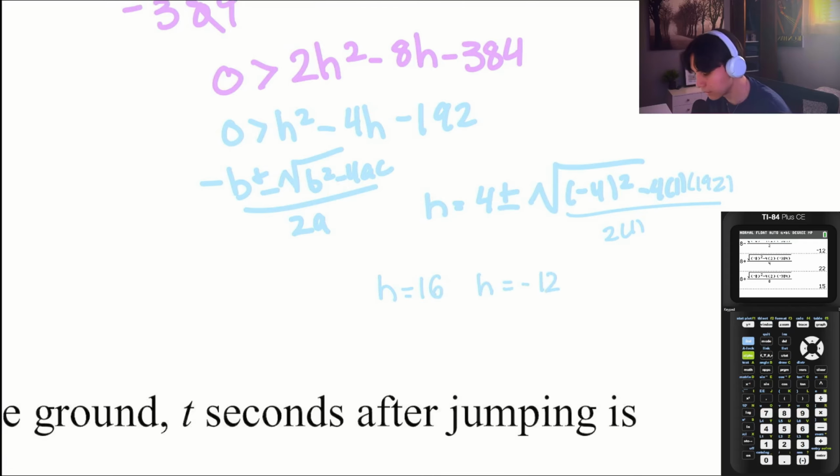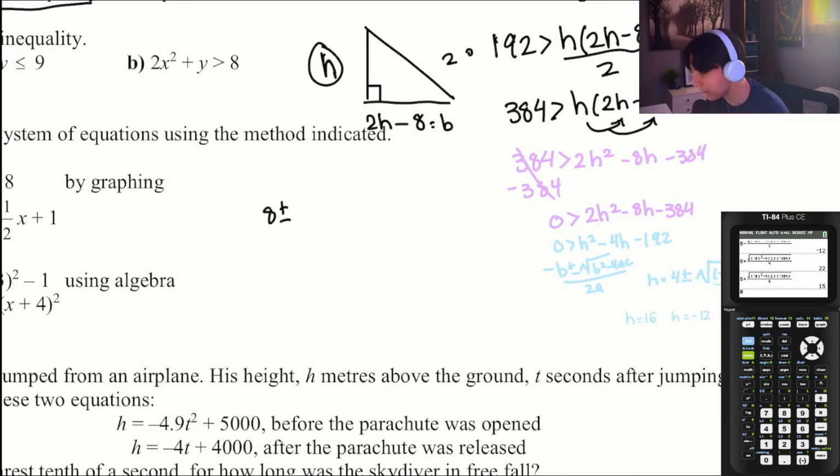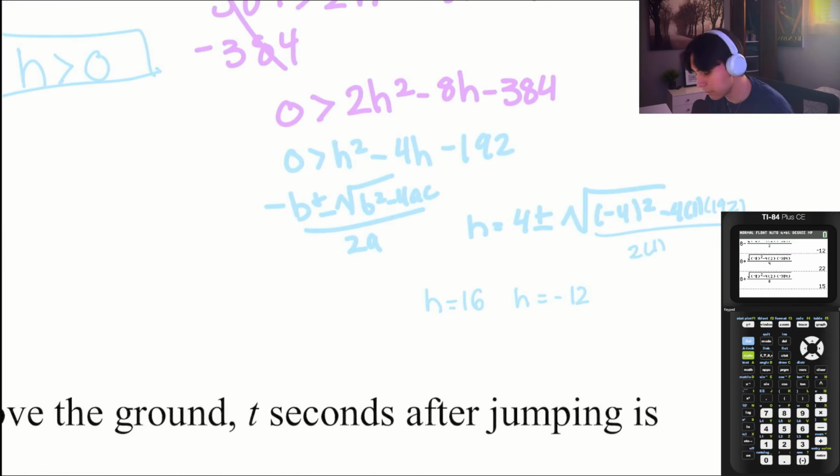From there, remember, when we have dimensions, we can't actually have dimensions that are negative. So h has to be greater than 0. So that's one of the restrictions on this equation, because our dimensions can't be negative. So you're probably wondering, is this an extraneous root? What do we do with this?